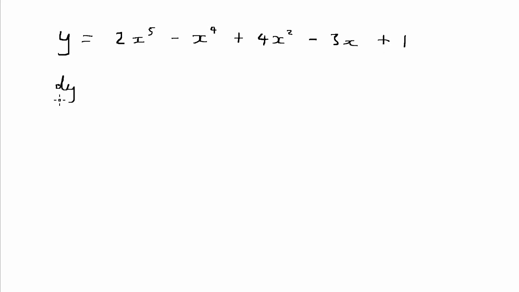Well, dy dx in this case then would be 10 x to the 4's subtract 4 x cubed plus 8 x's subtract 3, and I don't have to write anything where the number is, that just vanishes.